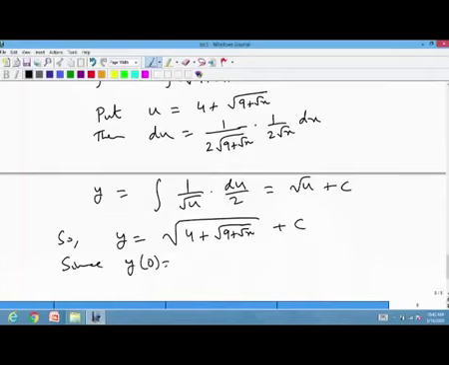Y at 0 equal to root 7, we get c is equal to 0.